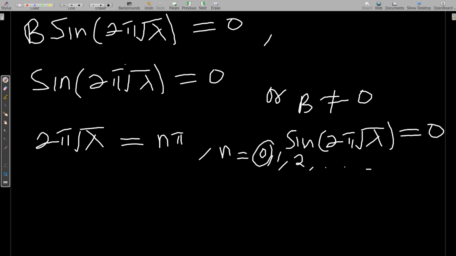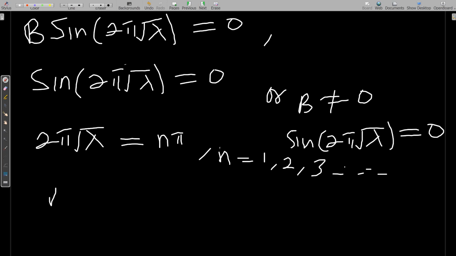But if you consider 0, then we'll put 0 here and after solving we'll have lambda equals 0, but I said lambda is greater than 0, so n shouldn't start from 0. So for this case, n should be equal to 1, 2, 3, and the rest. I hope you understand the argument here.